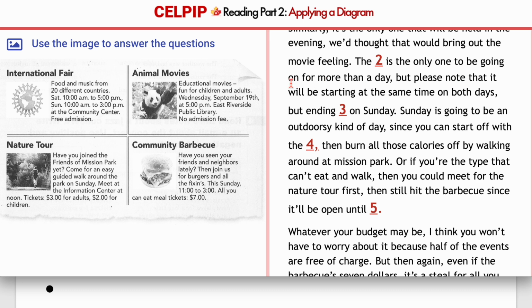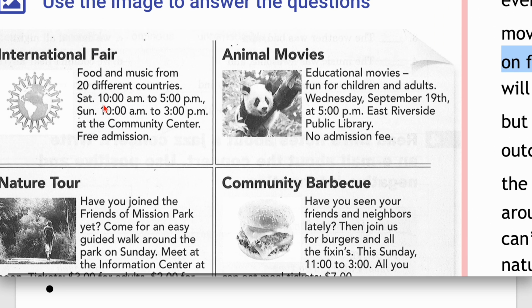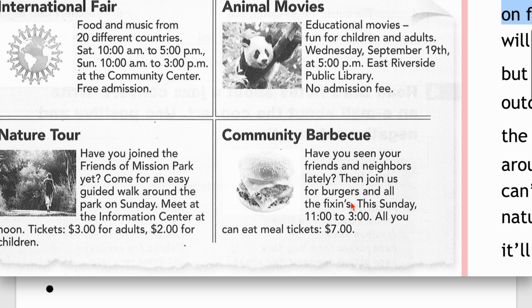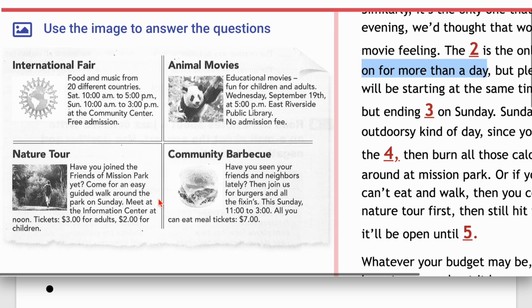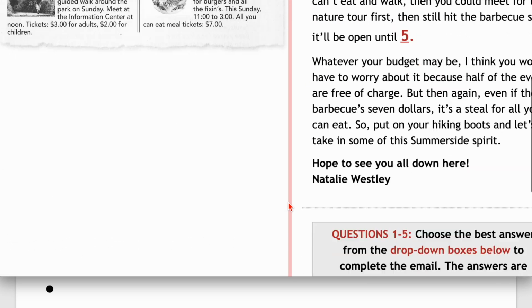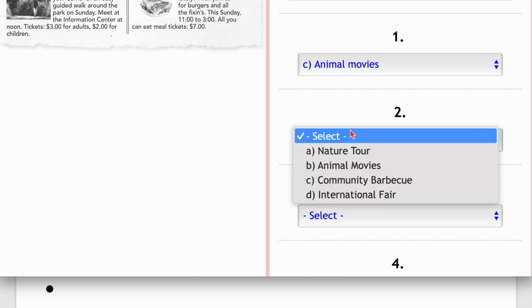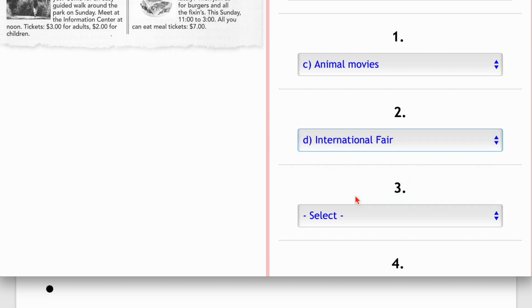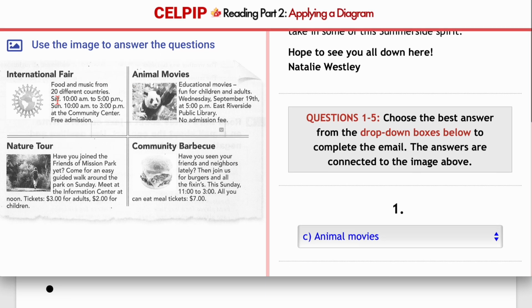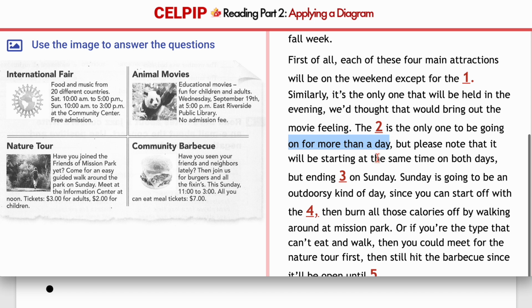The only one to be going on for more than a day. Saturday, Sunday. International Fair is going on Saturday and Sunday. Animal movies on Wednesday, Monday, Sunday, and Sunday. So the answer is International Fair, right? The International Fair is going on for 2 days. That's the only one. And that was the question.